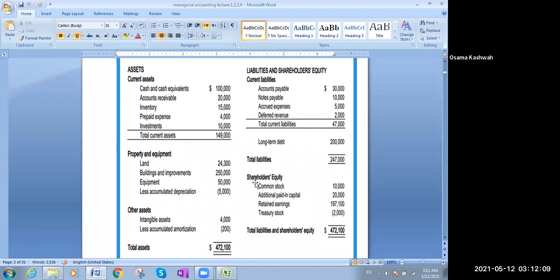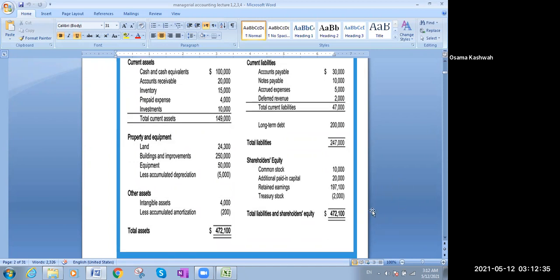Then we move to the shareholders' equity: common stock, 10,000, additional paid-in capital, 20,000, and retained earnings, which are the profits the organization did not distribute to the workers, but keeps for further investment. Plus treasury stock, which will be deducted. All this comes to 472,100.